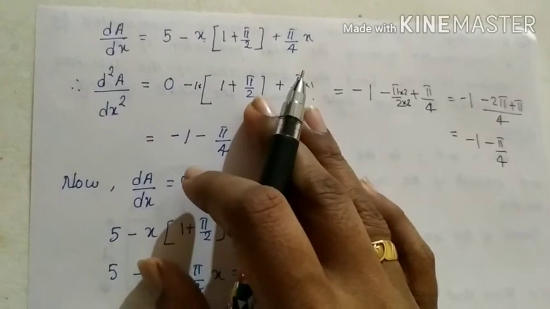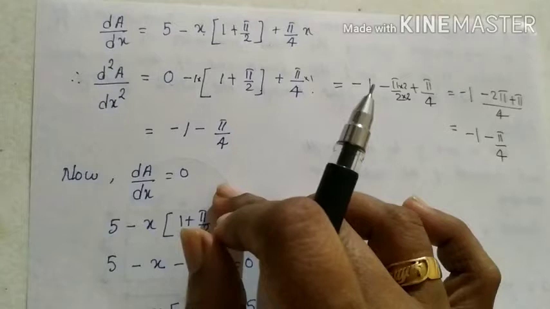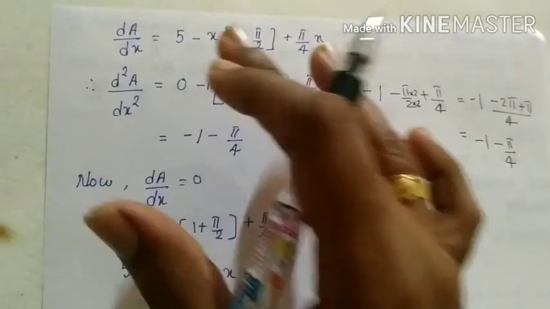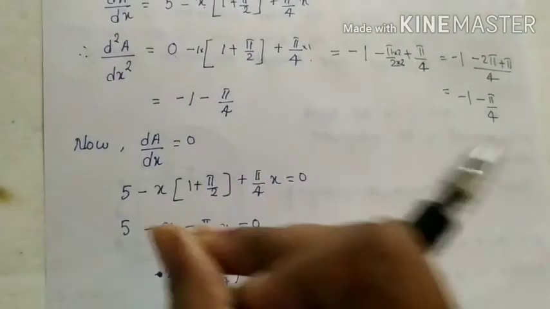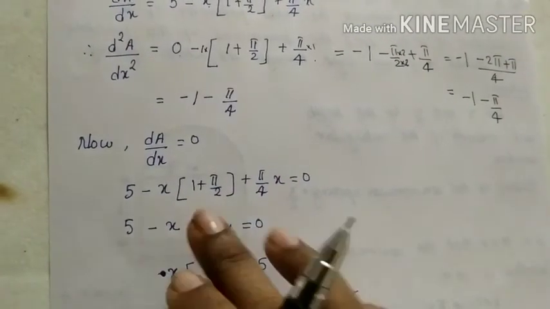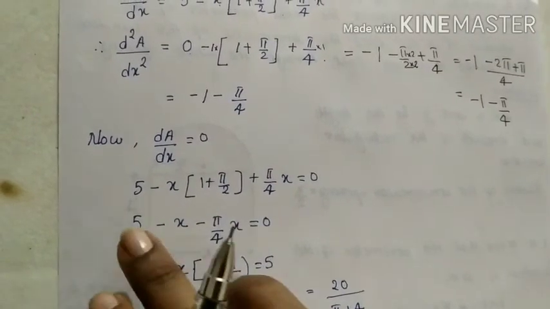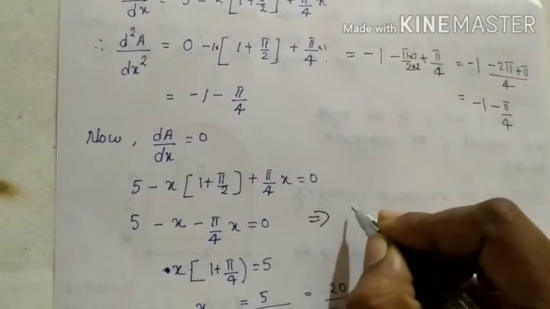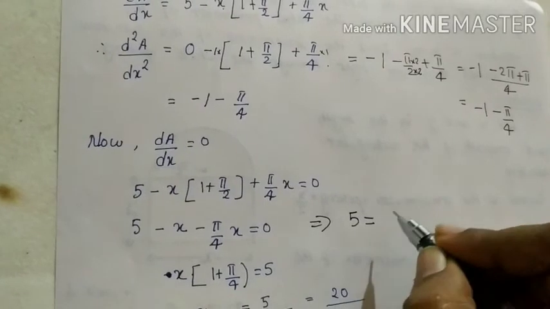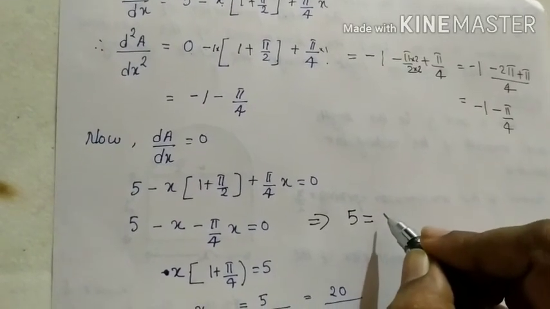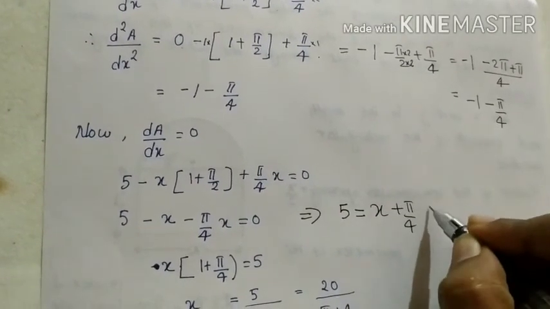Next we need to find out the critical point. So putting dA by dx equal to 0, the value of dA by dx is this, and equating this to 0, taking this whole minus term to the LHS, we get 5 equal to x plus pi by 4 x.